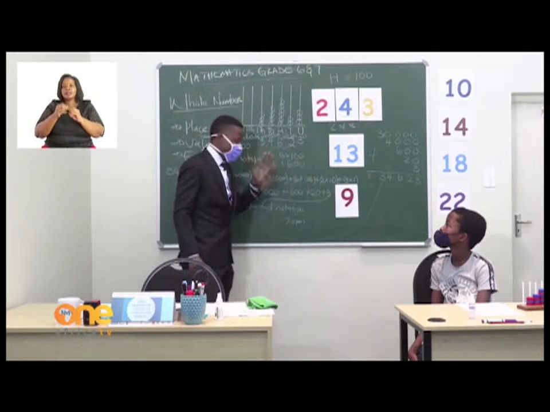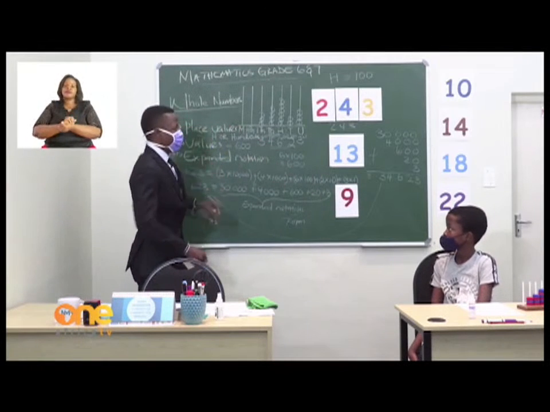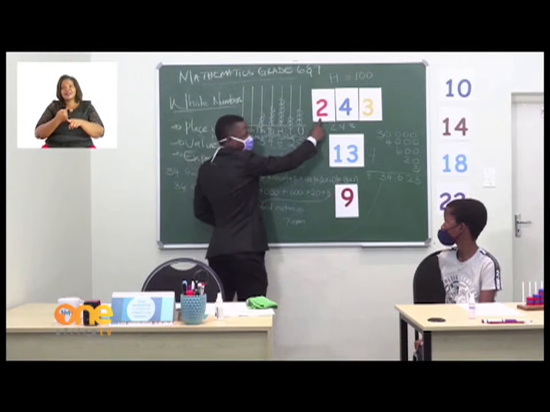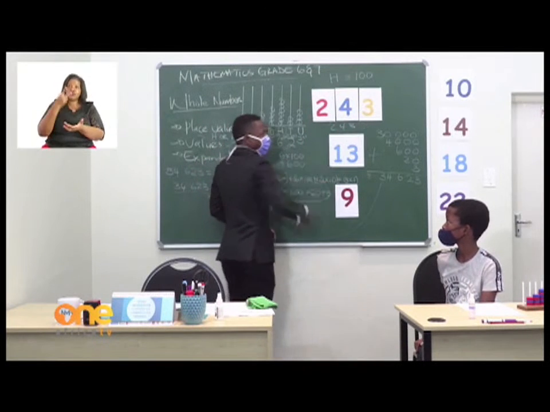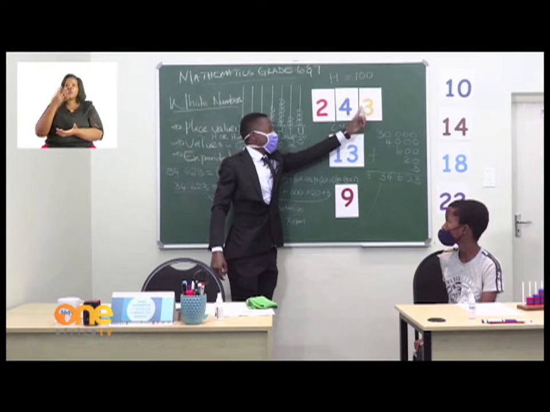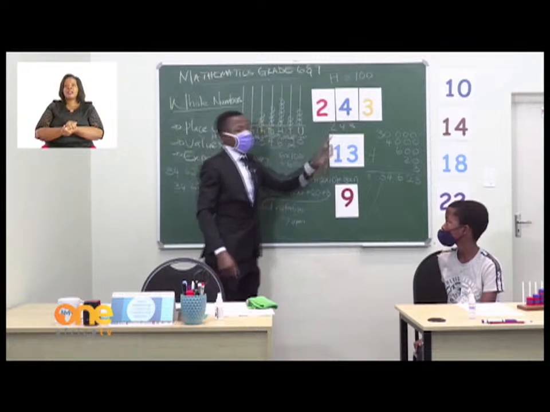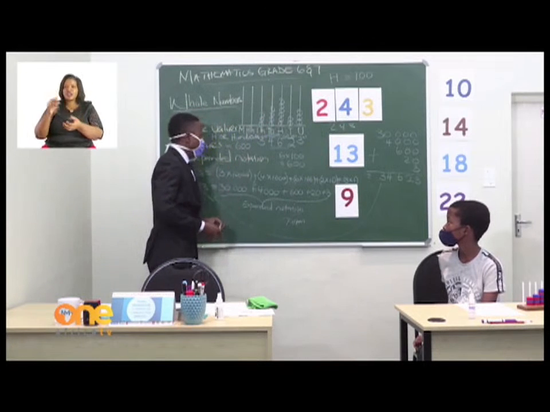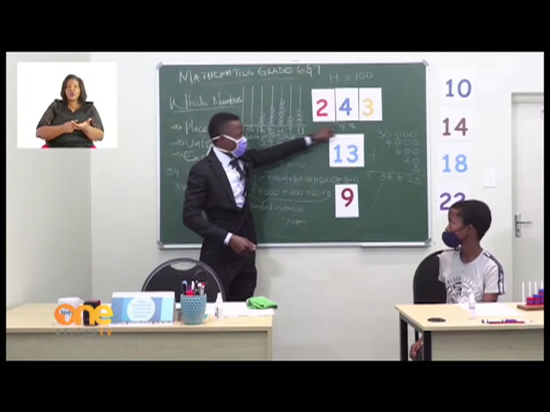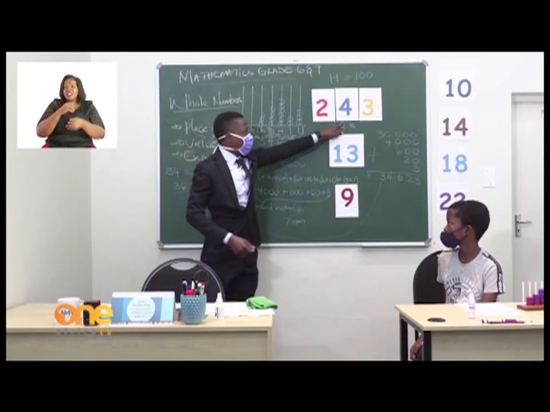Now, you can also test yourself. Place values. What is the place value of 2 in this number? What is the place value of 4 in this number? What is the place value of 3 in this number? Then you continue. The values. What is the value of 2 in this number? What is the value of 4?